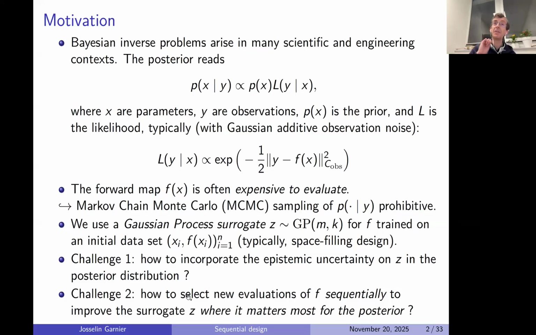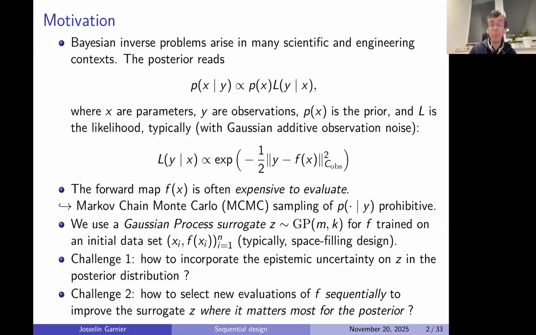The second challenge is more difficult. Often the first surrogate model, the one designed with a space-filling design to learn about the function f, is not good enough to give a sufficient posterior distribution. So you would like to improve the surrogate model to gain information about the posterior distribution, which means making new evaluations of the true function f at some well-chosen input points.